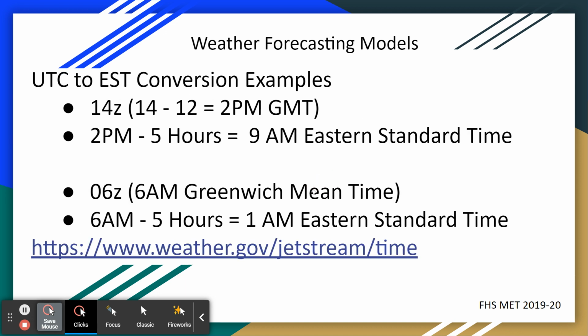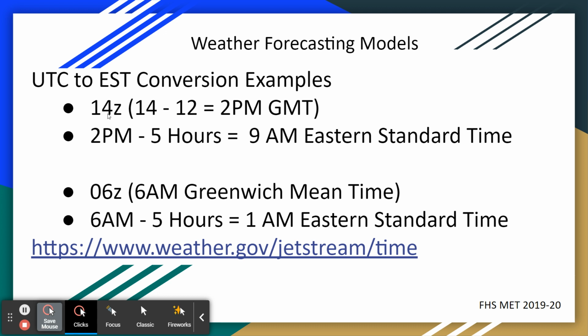Here are a couple more problems to give you examples of converting from Zulu time to Eastern Standard Time. 14Z. Remember, I think it's easier for me to ask how much more is 14 than 12. You can also do 14 minus 12, but then kids get confused with subtracting the 12 and then subtracting the 5 hours.